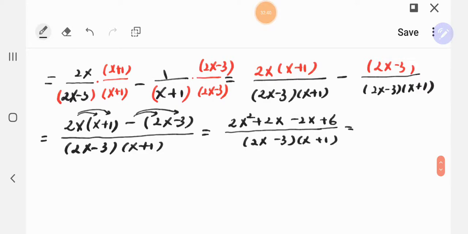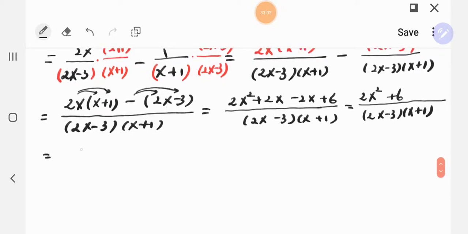Okay, so we need to simplify the numerator and then factor the numerator. So combine the like terms: 2x squared, and then 2x and negative 2x cancel out, plus 6, over 2x minus 3, x plus 1. Okay, now we can factor the numerator.